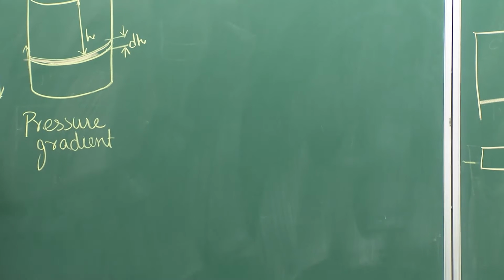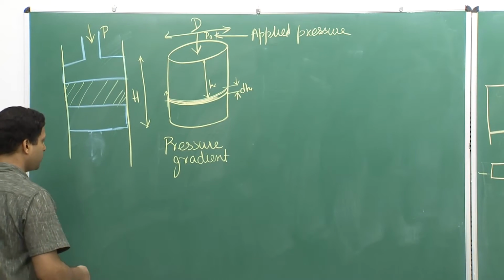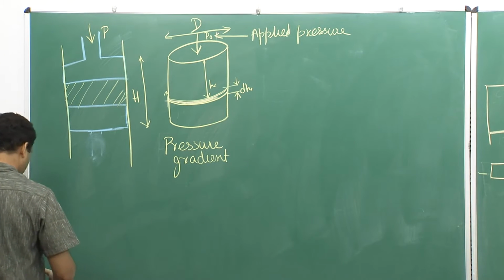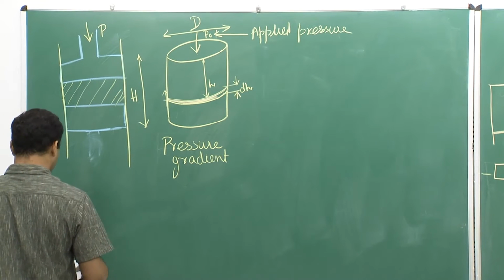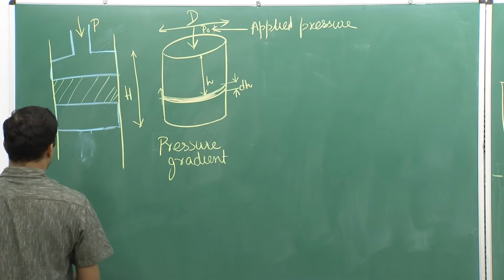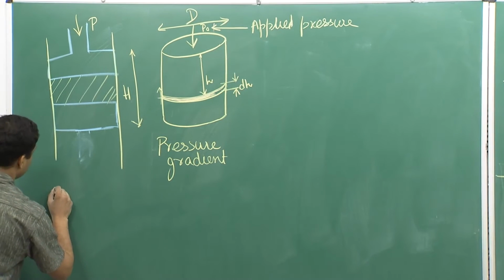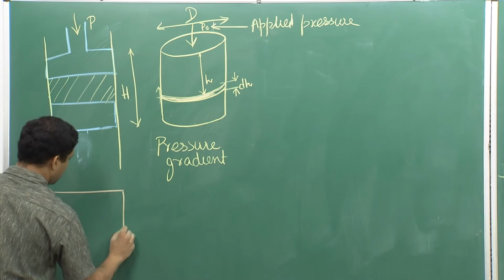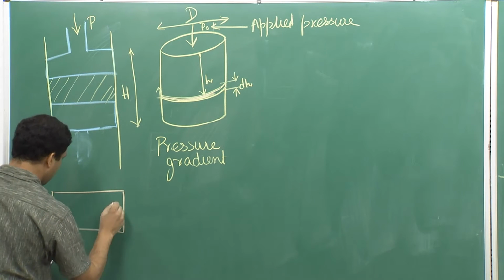Another thing is, if you were to use this kind of system of powder processing, let me at this stage draw how a schematic density distribution would look. So, let us say we are looking at the compact over here.